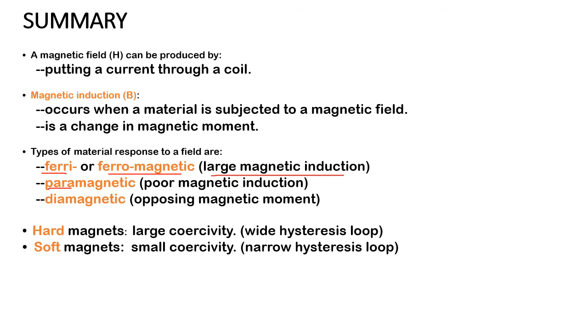Paramagnetic has poor magnetic induction, while diamagnetic opposes the magnetic moment. There are two types of magnet. The first one is hard magnet, which has the large coercivity or the wide hysteresis loop, while the second one is soft magnet, which has small coercivity and a narrow hysteresis loop.